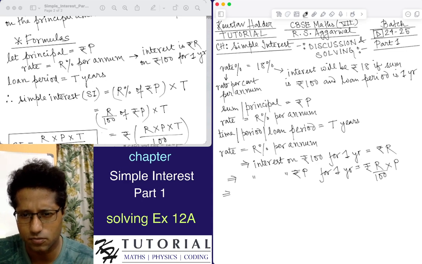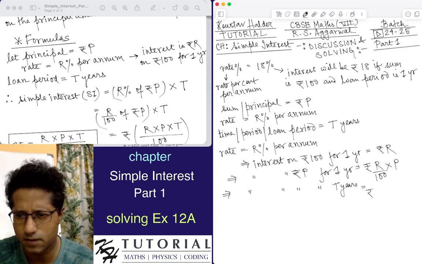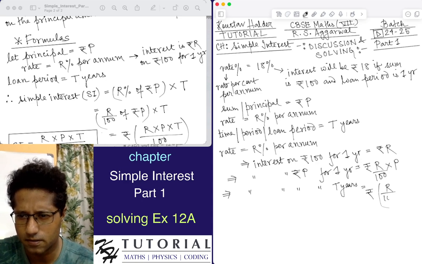Again using the unitary method, interest on rupees P for T years, obviously we have to multiply with T. So we get R by 100 into P into T.